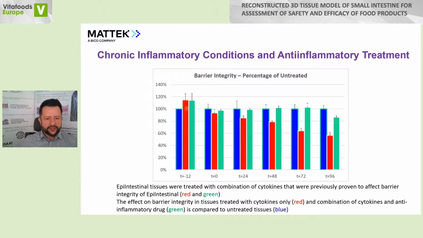In red bars, you can see the integrity drops over time after exposure to the cytokines that we have previously shown to cause the disruption of the integrity. And if the tissue was concomitantly treated with the anti-inflammatory drugs, you can see that the effect of the damaging cytokines was compensated.